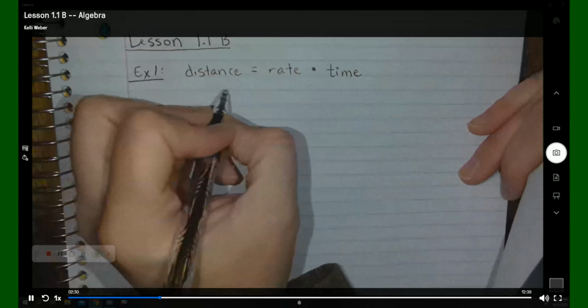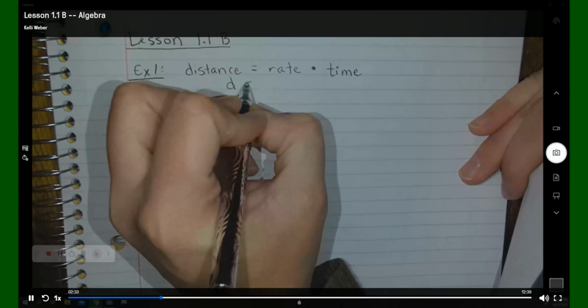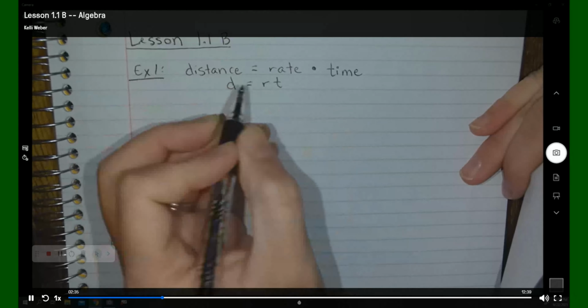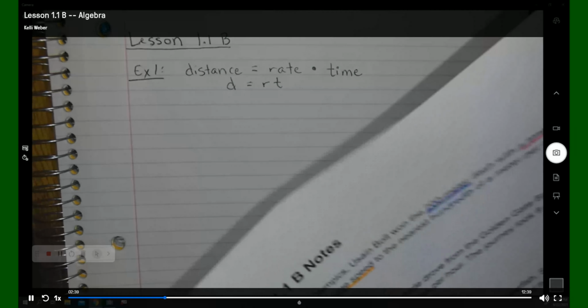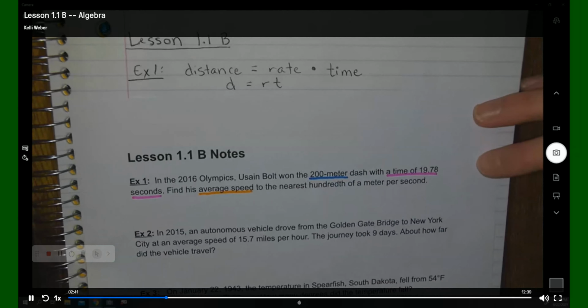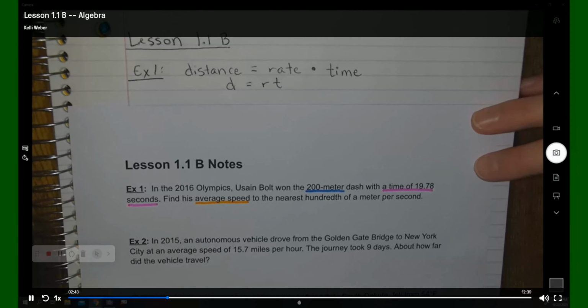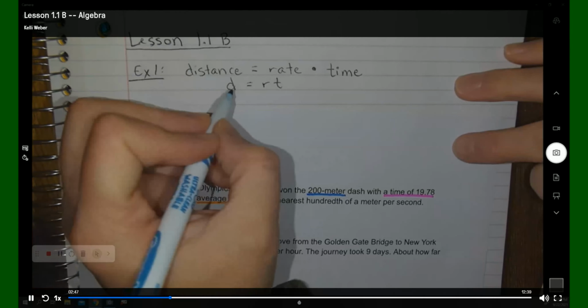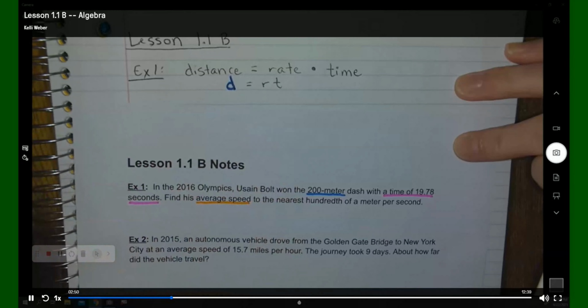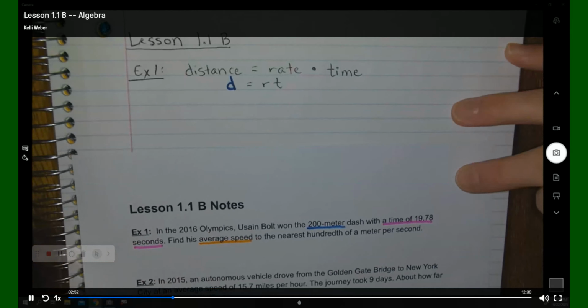Often, we just use the variables. So we'll do D equals RT, knowing that RT means rate times the time. So we're going to go back to our example where we underlined things. When we were underlining, the distance that we underlined was blue, and that was 200 meters.